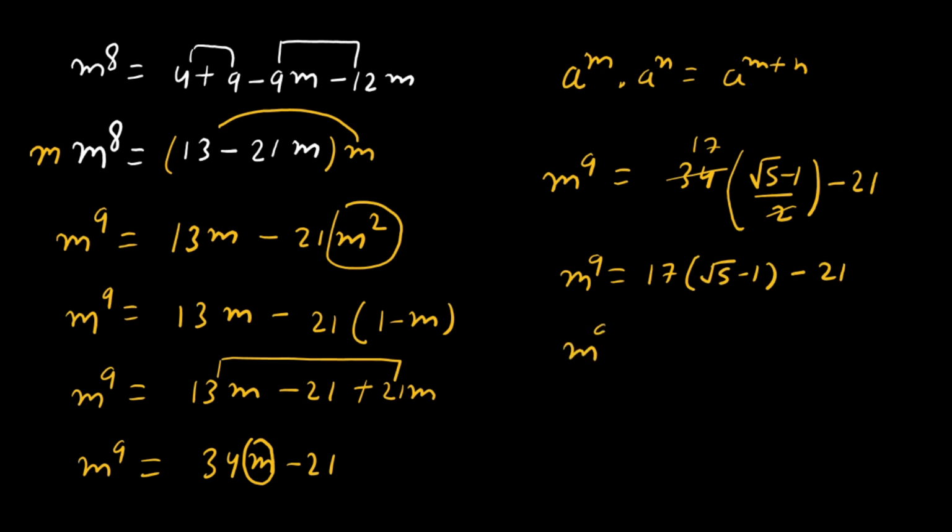Then m power 9 equals 17 times square root of 5 minus 17 minus 21, that is 17 times square root of 5 minus 38. This is our final answer.